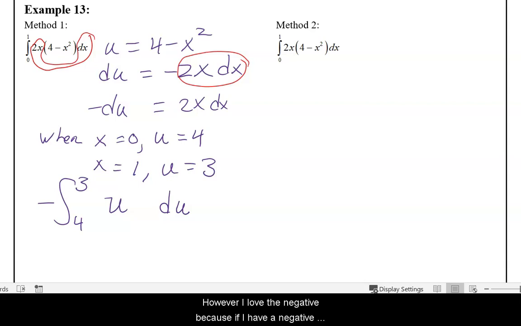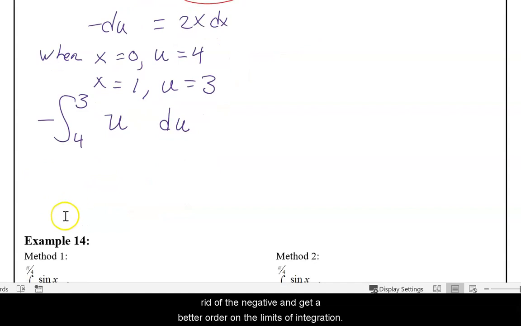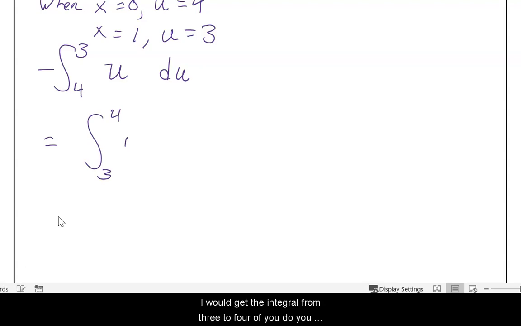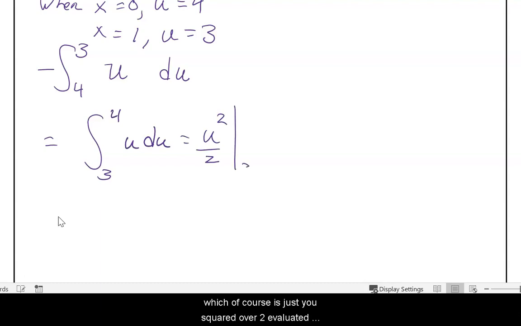However, I love the negative because if I have a negative on the integral, if I switch the limits of integration, I can get rid of the negative and get a better order on the limits of integration. That would lead to the following. I would get the integral from 3 to 4 of u du, which of course is just u squared over 2 evaluated between 3 and 4.